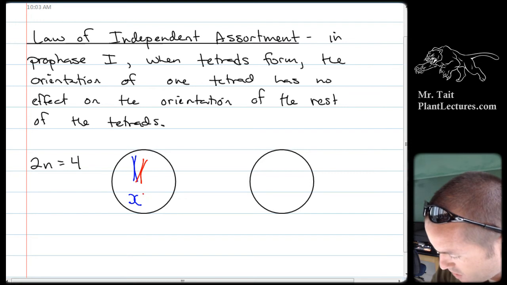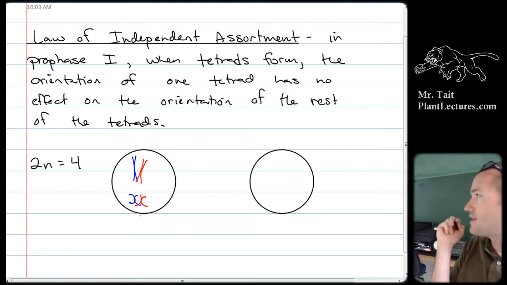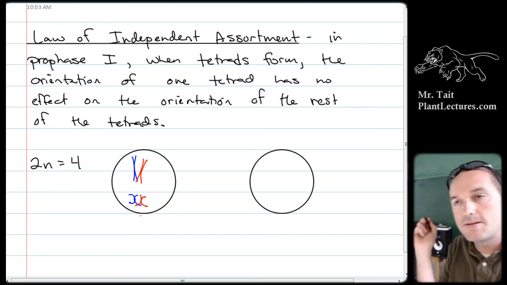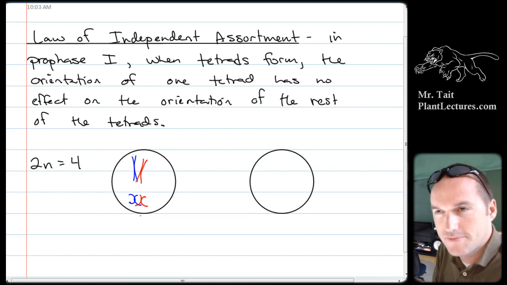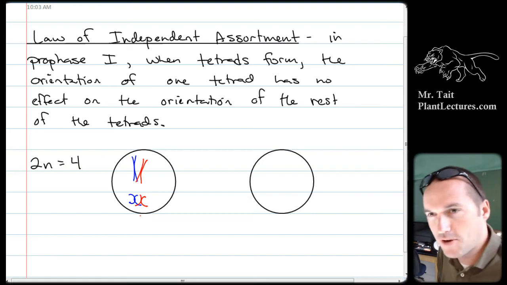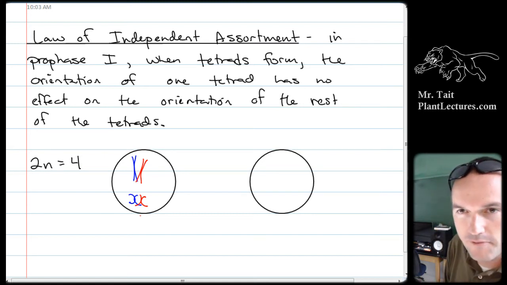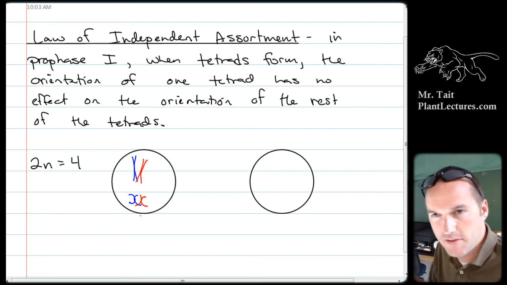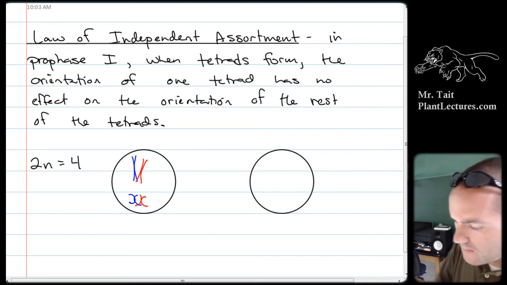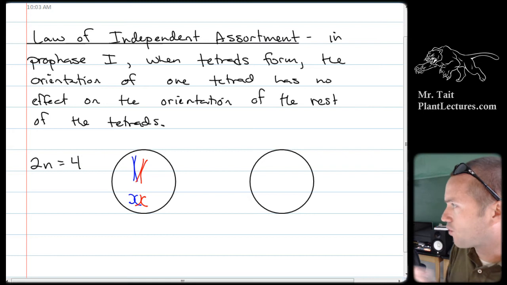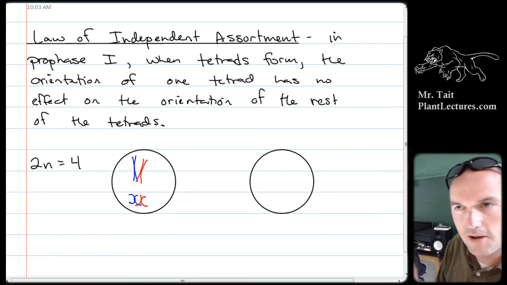Okay, so here's your tetrads. And so the first possibility is that they orient themselves with the colors. And obviously your chromosomes don't have colors, but we're just denoting that they're different homologous chromosomes. Maybe one from your father that could be the blue one, and one from your mother that's the red one, right? They've oriented themselves so that the colors are on the same side.